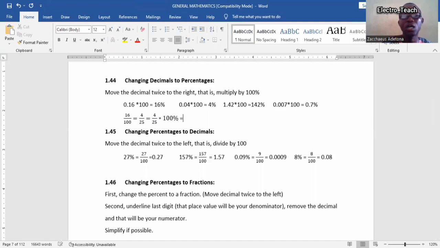So we can get it back at the 16% that we have there.